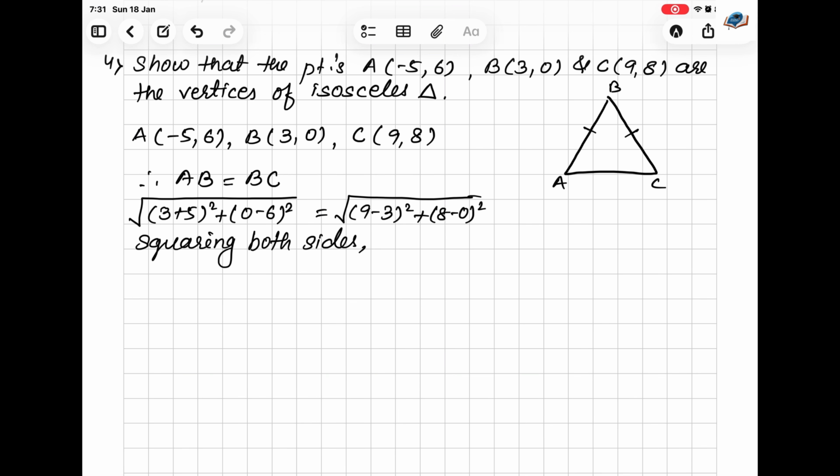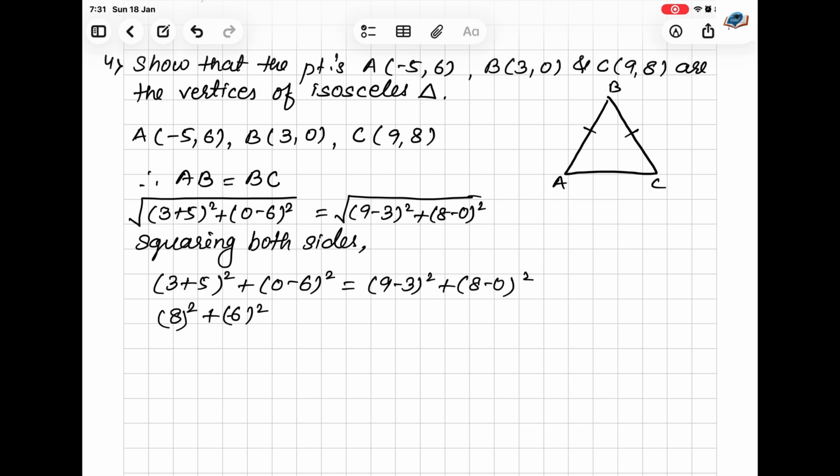So that will be 8 square plus 6 square. It is minus, but minus square also will be plus only. So 6 whole square plus 8 whole square. So that will be 64 plus 36 equal to 36 plus 64. So 100 equal to 100.